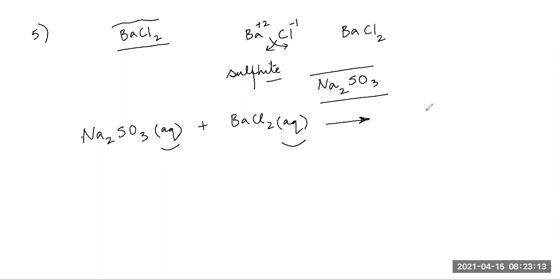So barium would come here, sodium would go here. Come on, can anyone try? Barium sulfite and, beautiful, sodium chloride. Formula is always NaCl. Beautiful. How can we balance this? Cl is 2, make it 2 here, and it becomes 2. SO3 is already balanced.